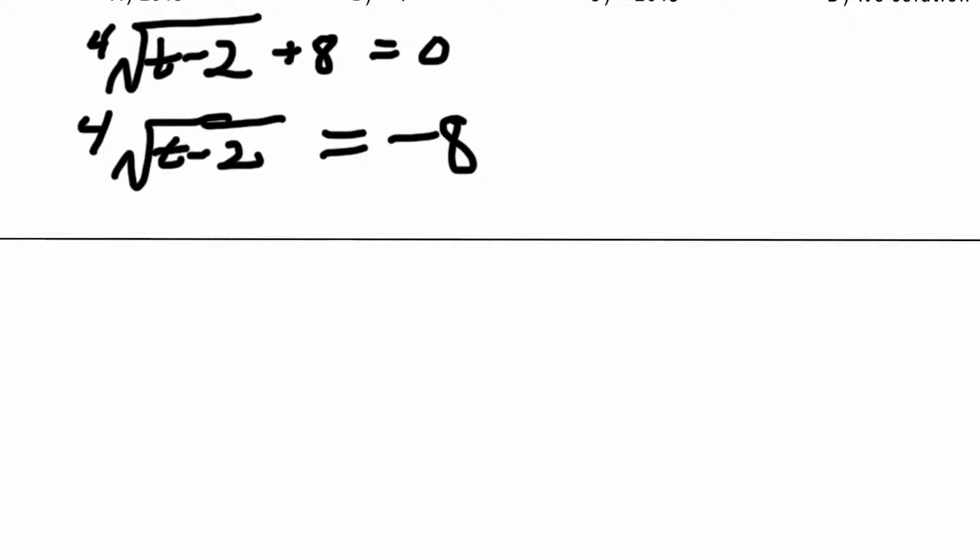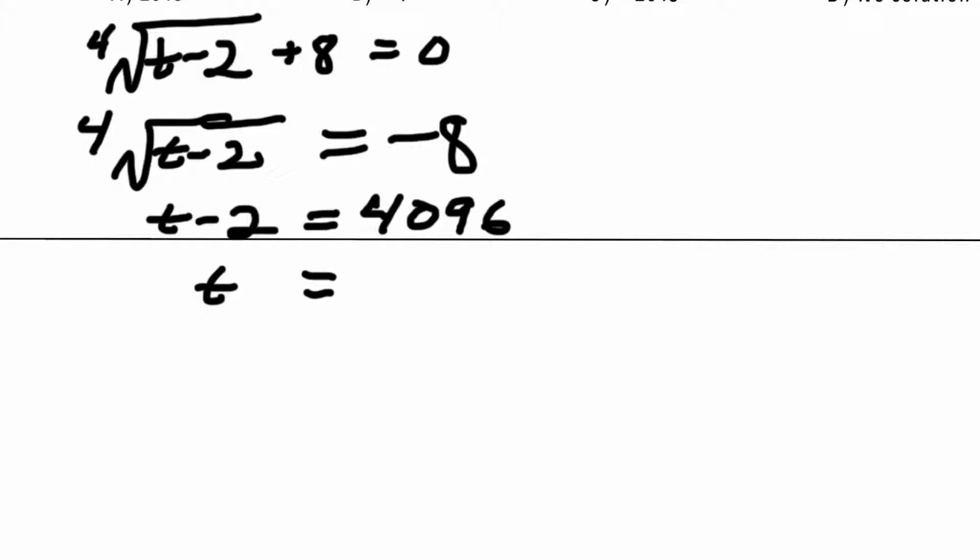Okay, so if we put each side to the fourth power, we're going to get t minus 2 equals a negative 8 to the fourth power, 4096. Then we add 2 to both sides, and we get t equals 4098.